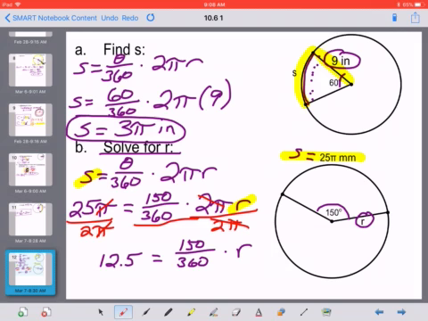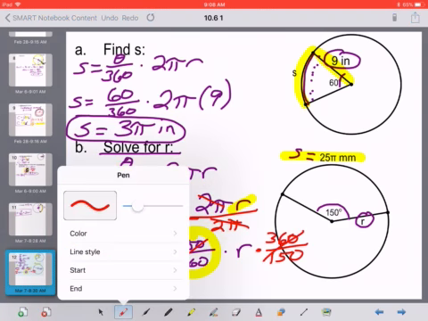The last thing we have going on is a fraction, 150 over 360, that's being multiplied by r. To undo multiplication by a fraction, rather than dividing, we're going to multiply both sides by the reciprocal of that fraction, which in this case is 360 over 150. Multiplying a fraction by its reciprocal, they simply cancel out completely. So what's that going to get us?